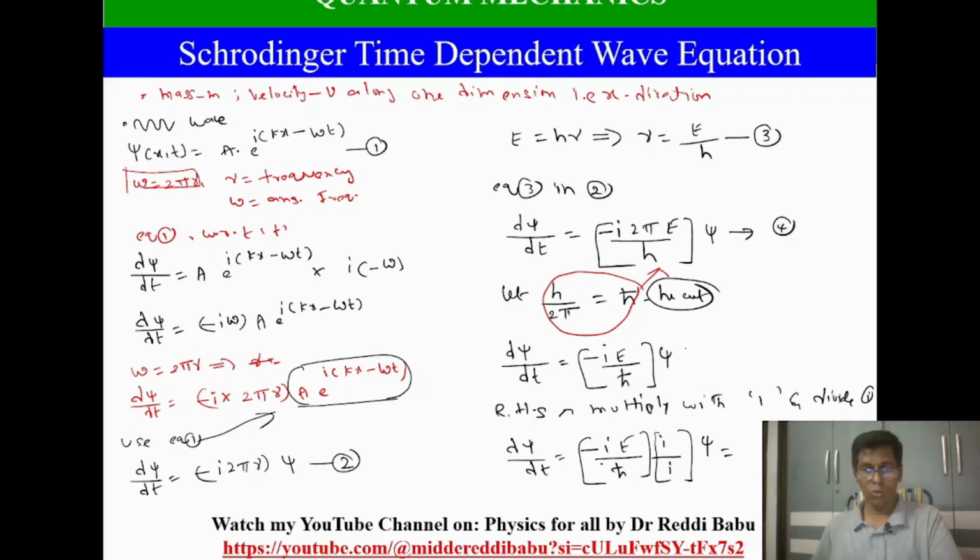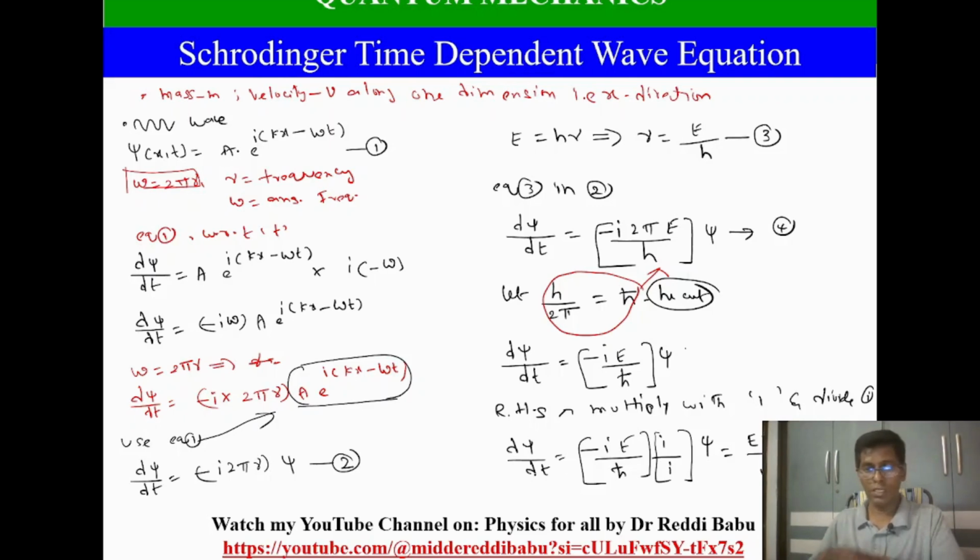This gives i square, whose value is minus 1, and since one more minus is already there, minus of minus becomes plus. So on the right hand side I get E psi divided by i into h cut. Now cross multiply.